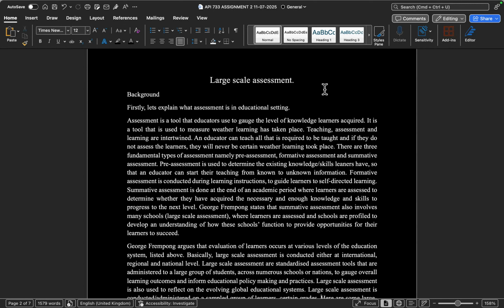And then the second one is formative assessment. Formative assessments are administered during the instruction time. While you are teaching, you assess your learners so as to establish whether you and your learners are in the same boat.